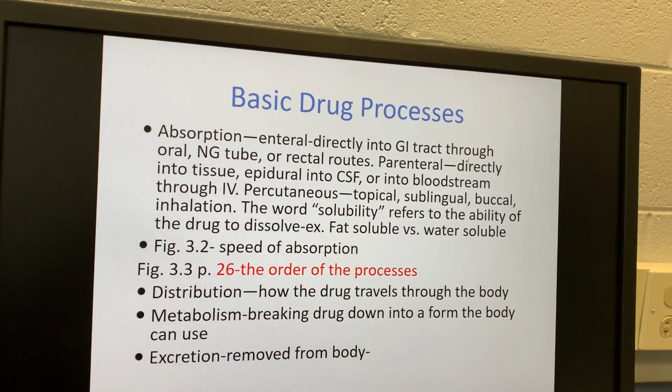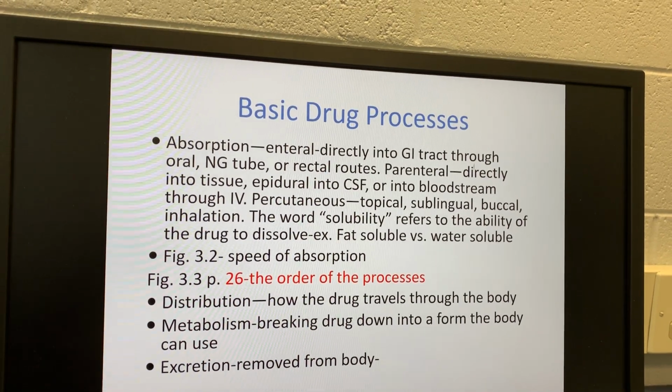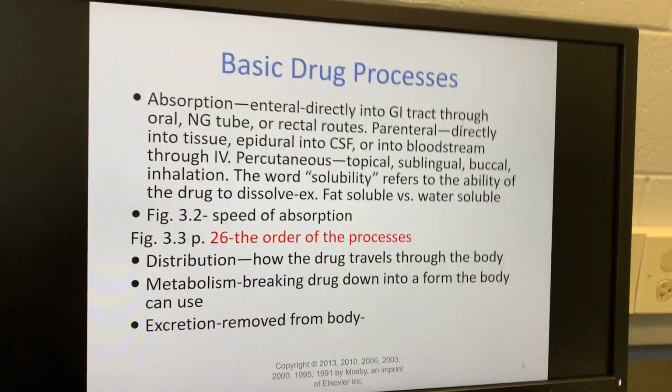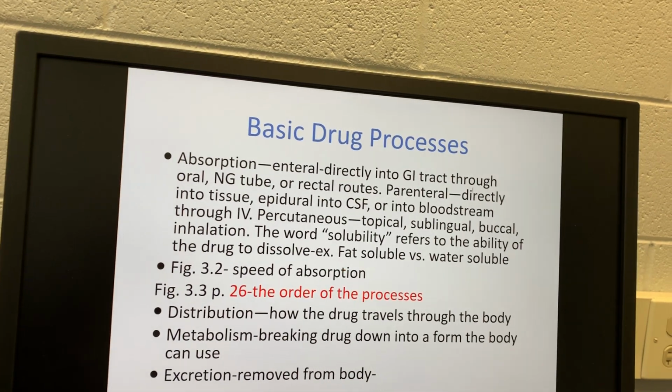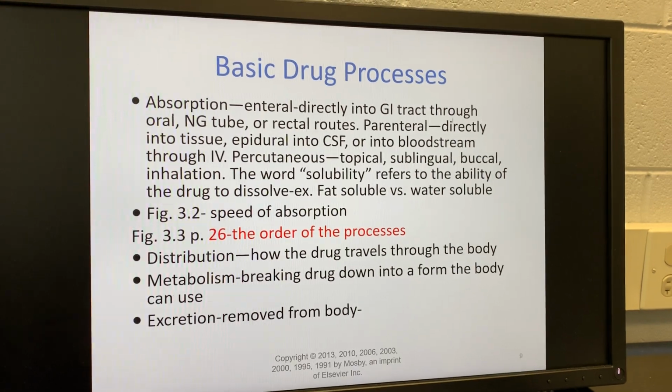And if anything goes through the GI tract, it's going to pass through the liver. Everything taken by mouth passes through the liver, and the liver breaks it down. It looks and says, what the heck is this? Well, I need to work on this a little. And it breaks it down into a form the body can recognize.